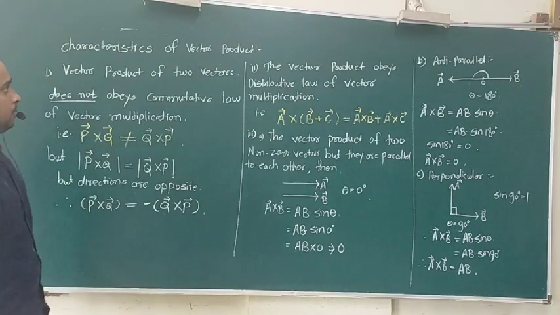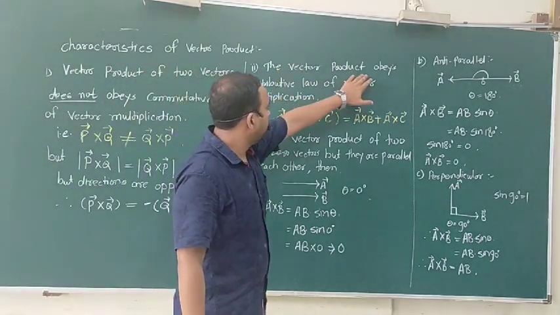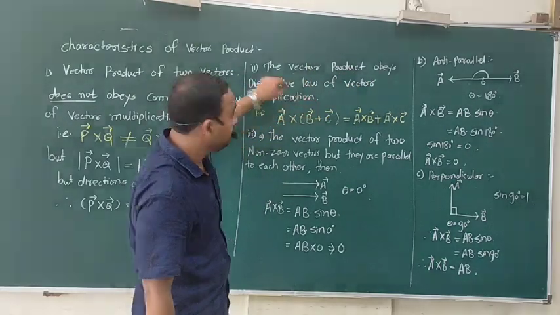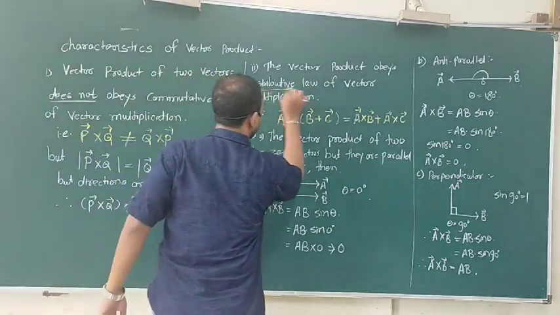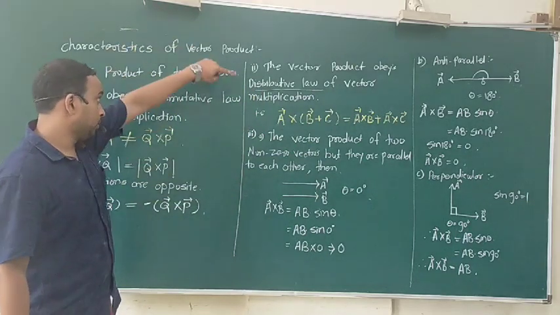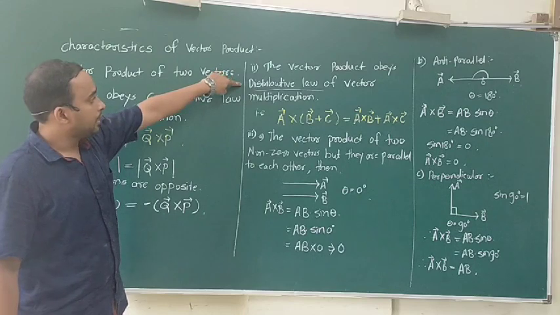Now second property, the vector product obeys distributive law of vector multiplication.